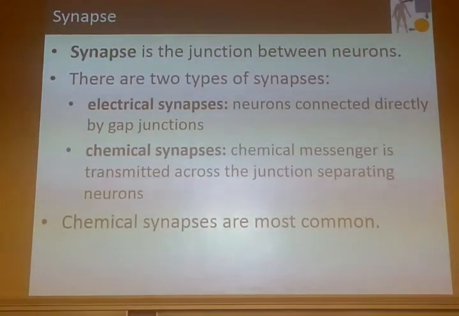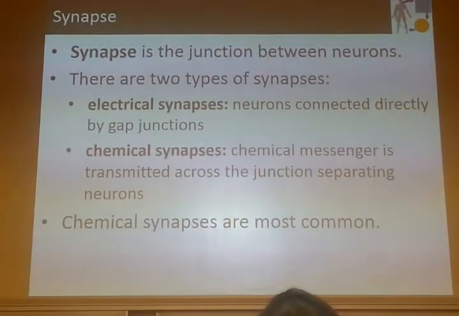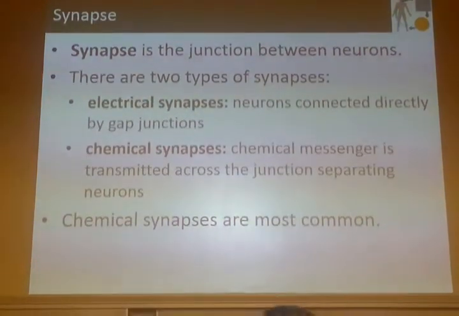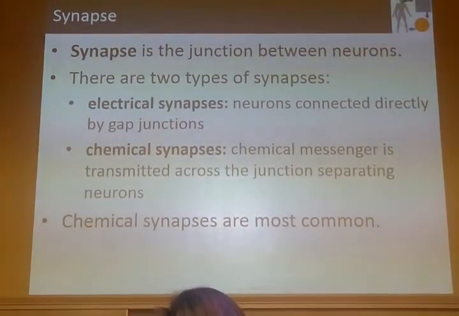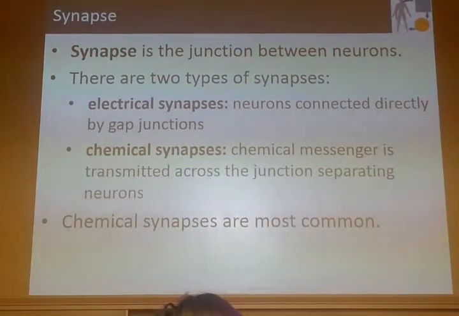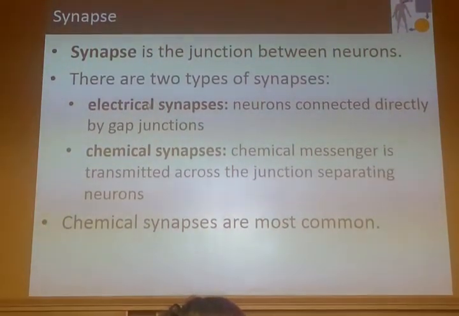What we're talking about so far, we talked about ligand-gated channels, and those are chemical. So either a hormone arrives via the blood, or a neurotransmitter is released and diffuses across a synaptic cleft to the receptor. Electrical synapses are very rare in the nervous system, though common in the heart.